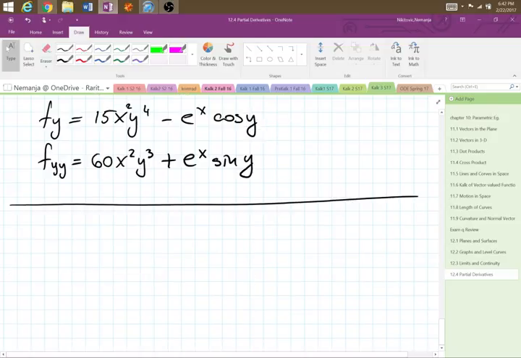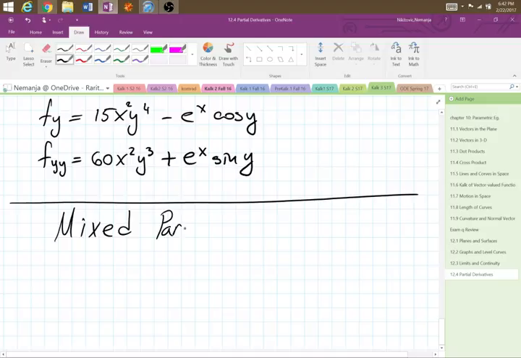But we have a new creature now, and that is called mixed partial derivatives. And that would be something like this.